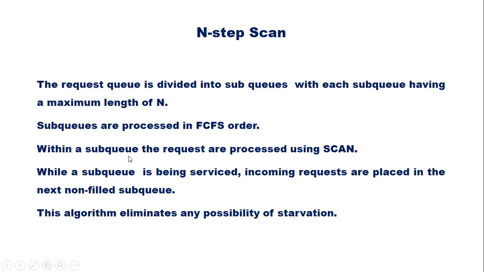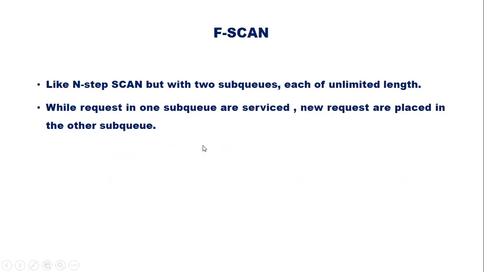Within a subqueue, the requests are processed using the scan algorithm. While a subqueue is being serviced, incoming requests are placed in the next non-filled subqueue. This algorithm eliminates any possibility of starvation.